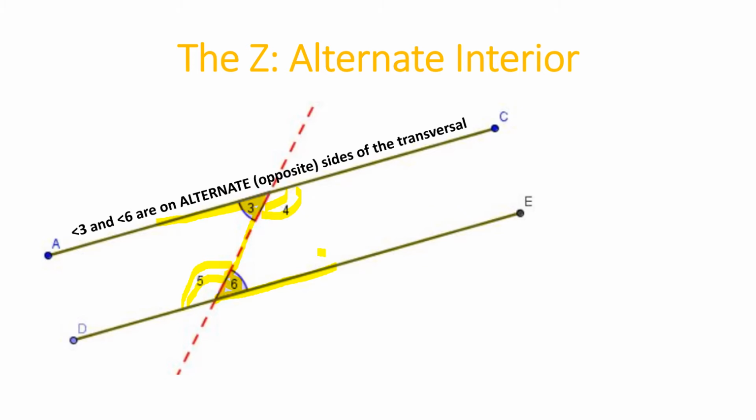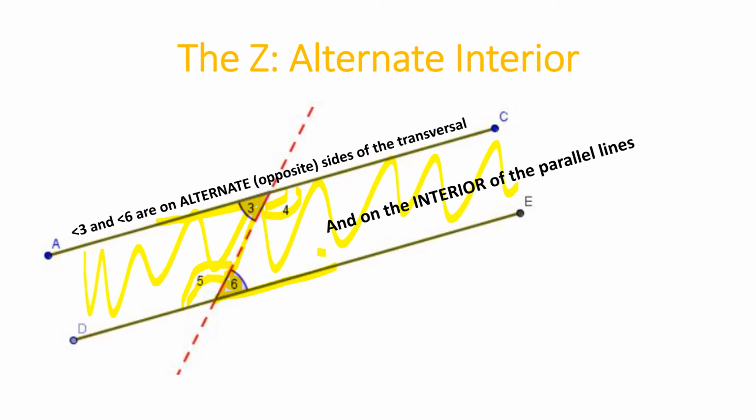So you're out and the opposite person is in. So different sides of the transversal, opposite sides of the transversal, but they are also on the interior, like the hamburger was, of the parallel lines. So this whole area here is the interior. Inside, interior.